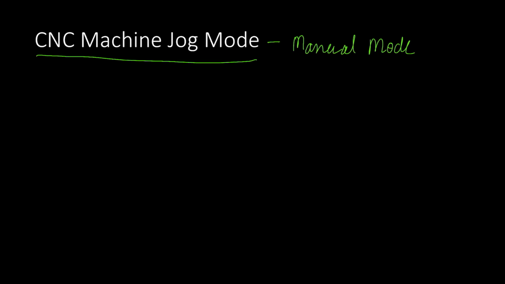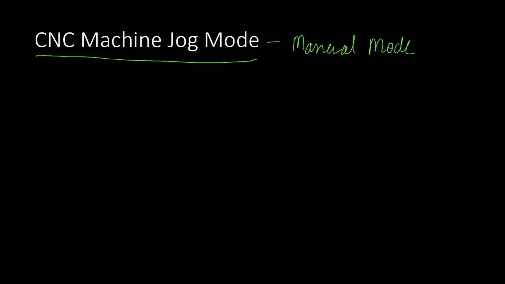A CNC machining center behaves like a manual milling machine, and a CNC turning center, that is a CNC lathe machine, behaves like an engine lathe.